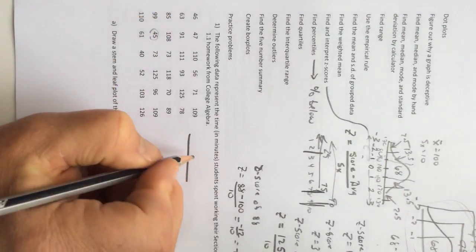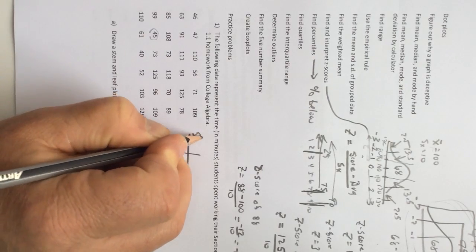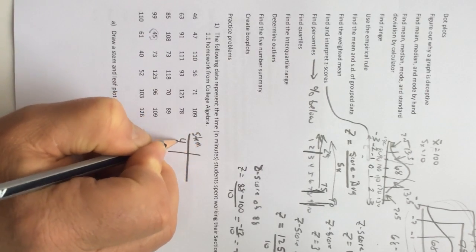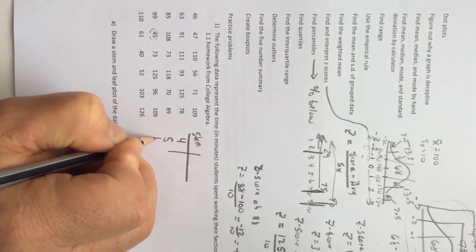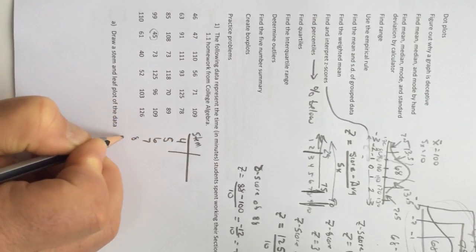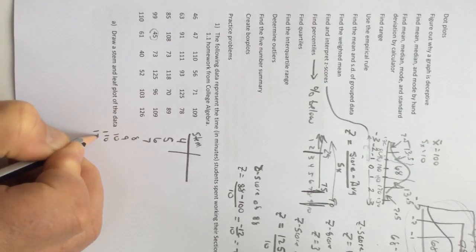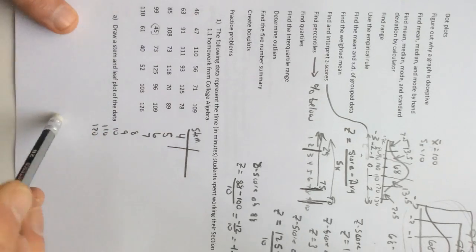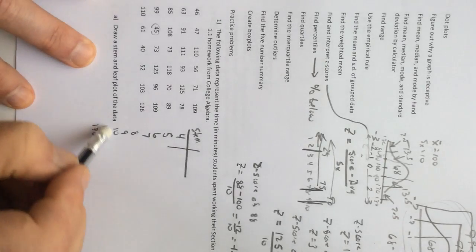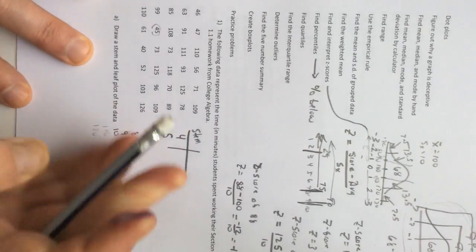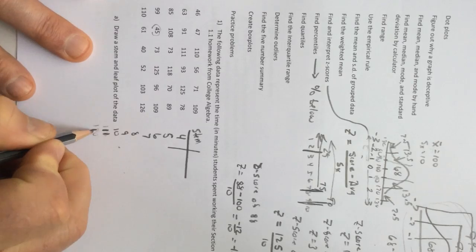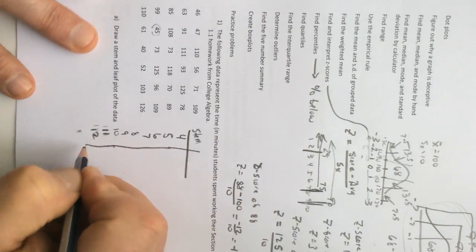So I think I'll make this the stem. 4, this will be all the 40s, then we'll do all the 50s, 60s, 70s, 80s, 90s, 100s, 110s, and 120s. Hundred tens will be represented as 11 and a 12.